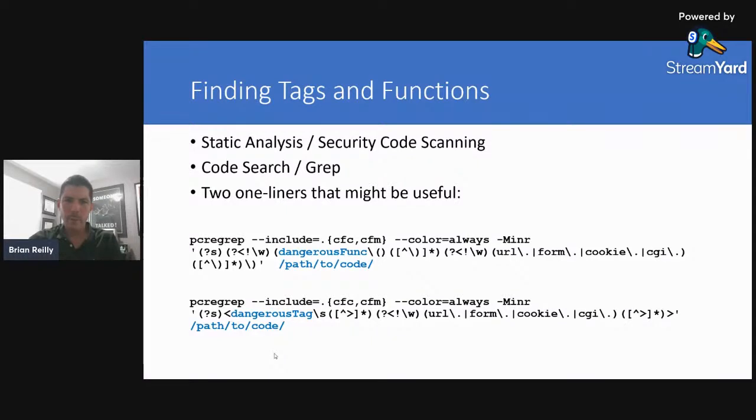So for dangerous func, you want to give it the actual function name that you care about. And for the dangerous tags, same there, as well as specifying the path to your code. But again, these are at least a quick smell test to see, well, am I using these functions? And are there things in my code or my application that I may need to dig into further?